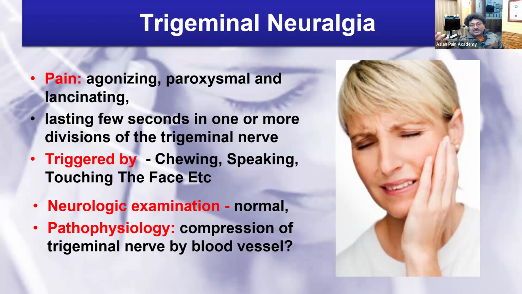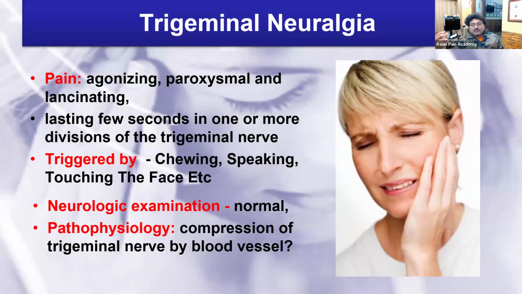And the surprising fact is, there is no neurological involvement in most of the cases. Neurological examination will be normal unless it is secondary to some disorder like a CP angle tumor, where we can get features suggestive of that tumor in the cranial nerves.